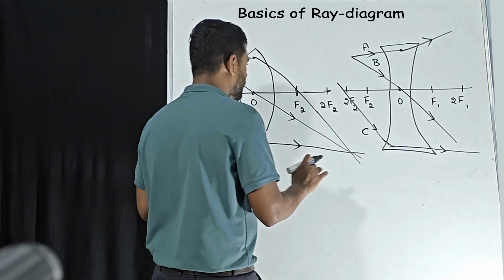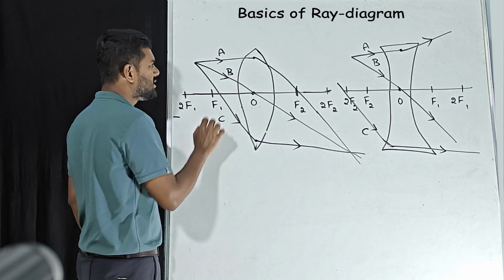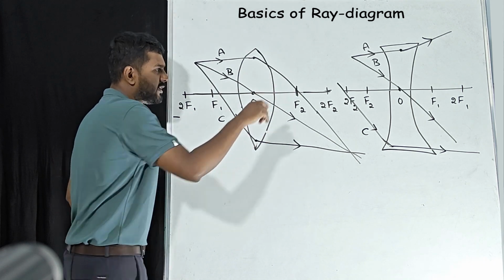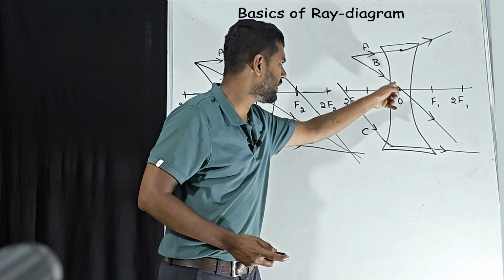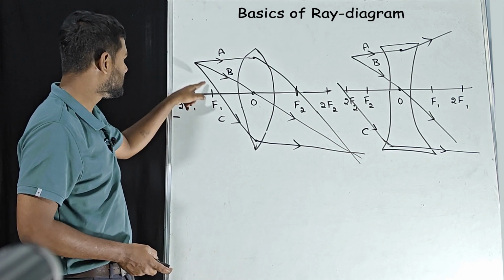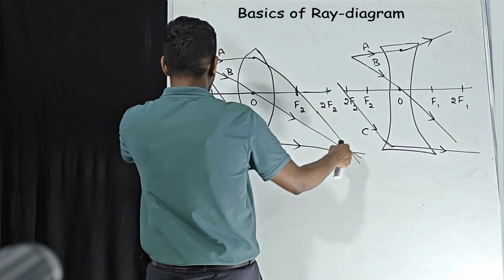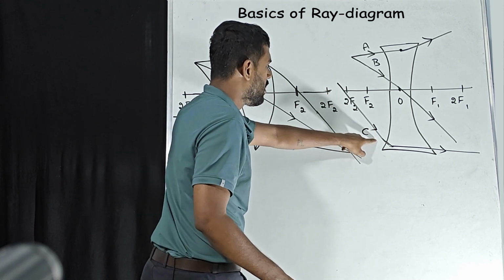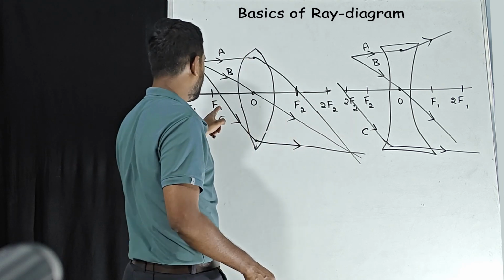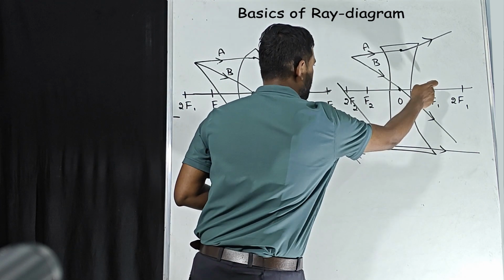Now see, what are the key differences between these two lenses? In both lenses, if a ray is passing through the optic center, it passes without deviation. Next, if it is not parallel to the principal axis, in both cases after refraction it becomes parallel to the principal axis.